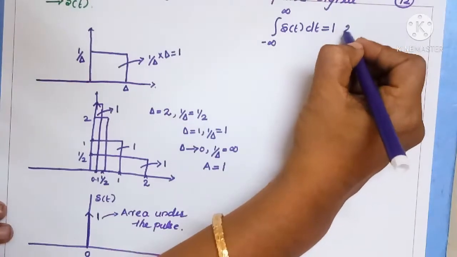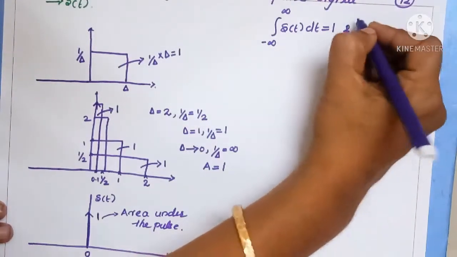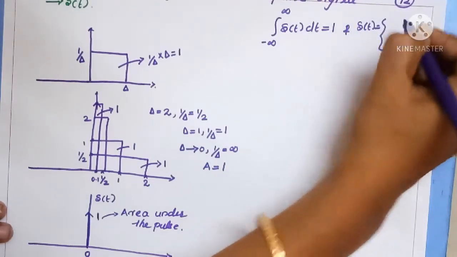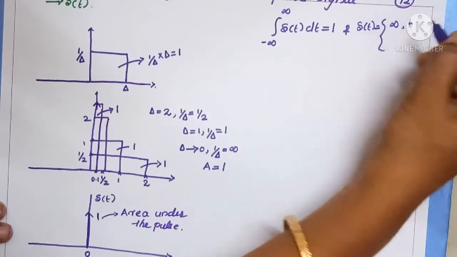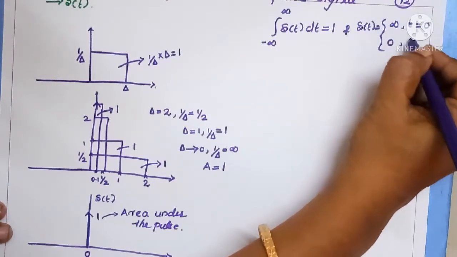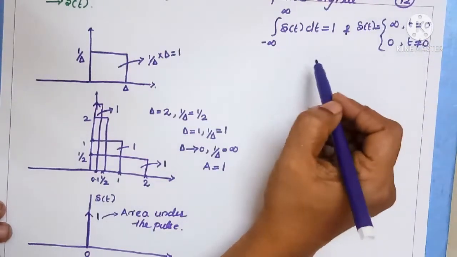Also we have another condition on the magnitude: del of t is infinite when t equals 0, and it is 0 when t is not equal to 0. This is the condition of a unit impulse signal.